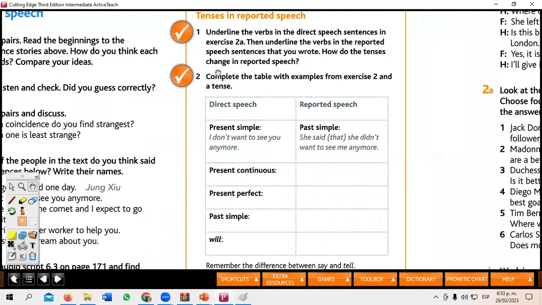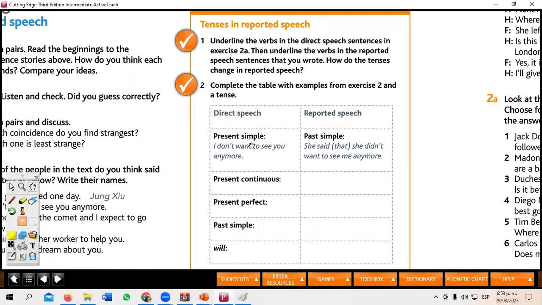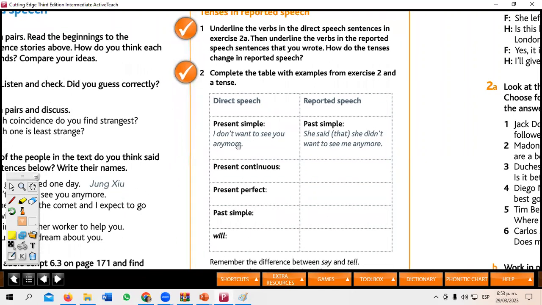Look at the example here in the chart. For direct speech, the original sentence, we say, I don't want to see you anymore. In the reported version, we say, she said, or she said that is optional, she said that she didn't want to see me anymore.